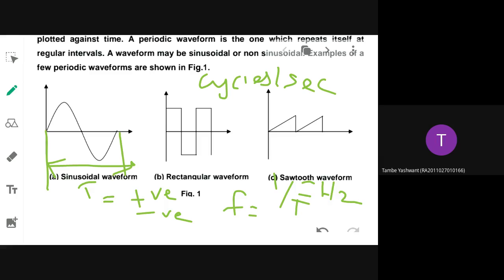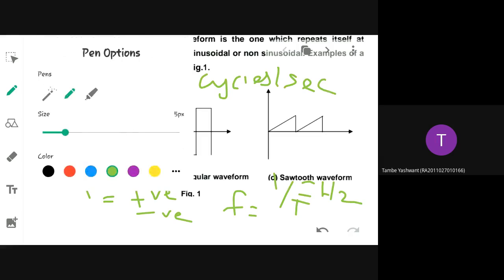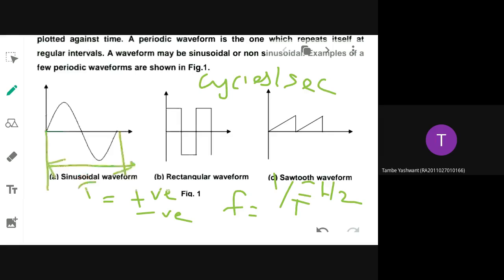One time period for a sinusoidal quantity will constitute one positive half cycle and one negative half cycle together. In usual cases, this x-axis parameter will be denoted as t, or otherwise as theta equal to omega t, that is, in angular terms, where omega is 2 pi f.